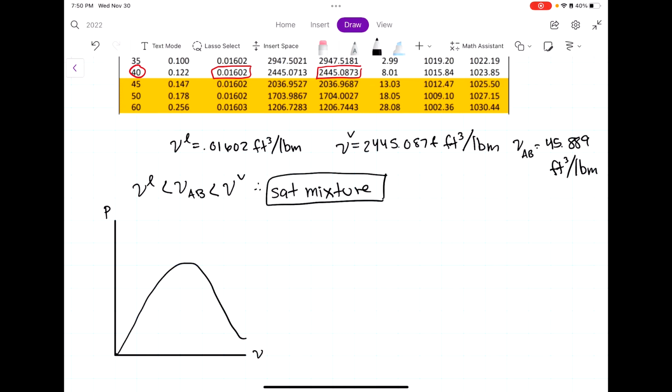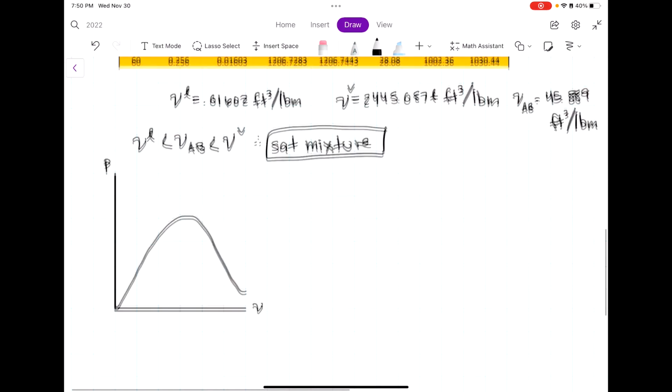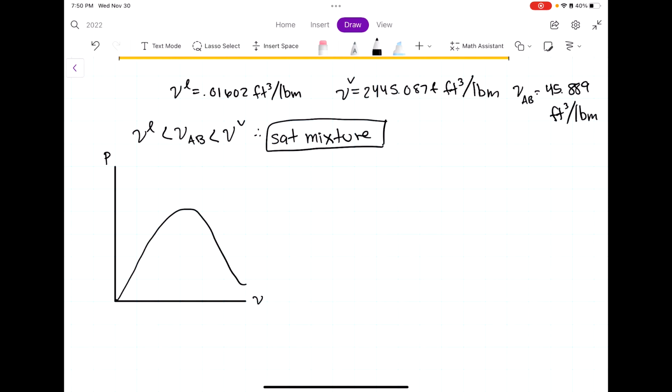If you don't remember why, go ahead and look back at some of my past videos where I have a cheat sheet as to how to know when it's saturated or when it's superheated or compressed liquid. And let's show why using our PV diagram.